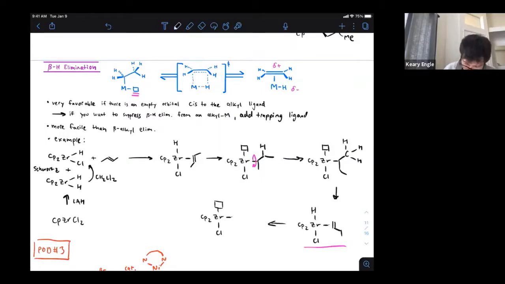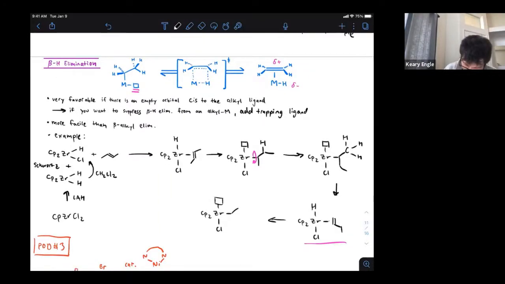Okay, what about this other possibility? Where you do, as you said, another migratory insertion, but in this case, you go the opposite way around, or I guess, depending on your perspective, you go along the same direction of the chain to get to this primary alkyl intermediate. So now this is primary.